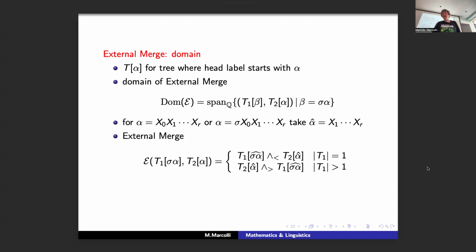Once you apply external merge, you modify the labels so that you remove the piece of the label, which is usually a string of different things that takes care of all the other possible theta roles associated to a particular element. You just cancel the one that you have used to form the combined structure, and the remaining ones tell you which further operations are possible.